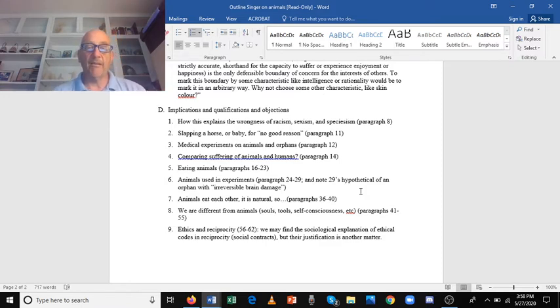If you look at paragraph 12, this is section D3 in this handout, medical experiments on animals. Well, lots and lots of people do it for the benefit of human beings, right? I have a former colleague whose spouse is at Southwestern, and she has a rat lab, and they do all sorts of chemical interventions, and then they kill the rats, and then they dissect their brains to see how the chemicals affect them.